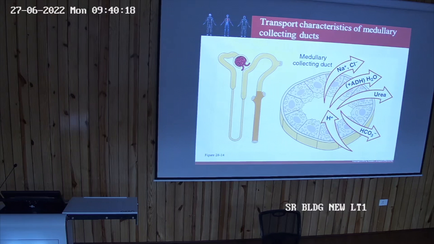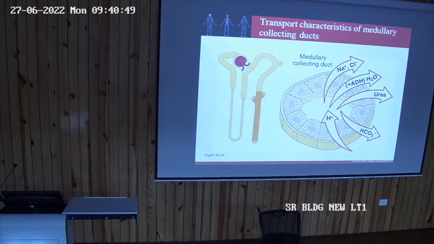Okay, so under the influence of ADH, the signals are coming from the hypothalamus to the posterior pituitary, releasing the vasopressin. This vasopressin in the blood reaches this particular segment where the receptors are present, and in the presence of the receptor, the vasopressin opens the channels which will be responsible for reabsorption of water. These special channels present in this segment are known as aquaporins.